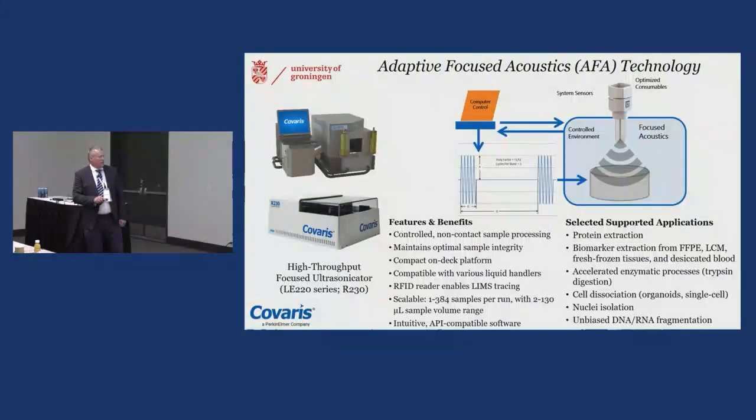It can be used in different formats and allows automatization, including tracing of samples, which is always a burden if you have a large sample size, especially working in academia. You can also automatize and include it in your local software environment. In this case we used it for FFPE tissue, but it was shown that you can also use it for other types of sample processing.